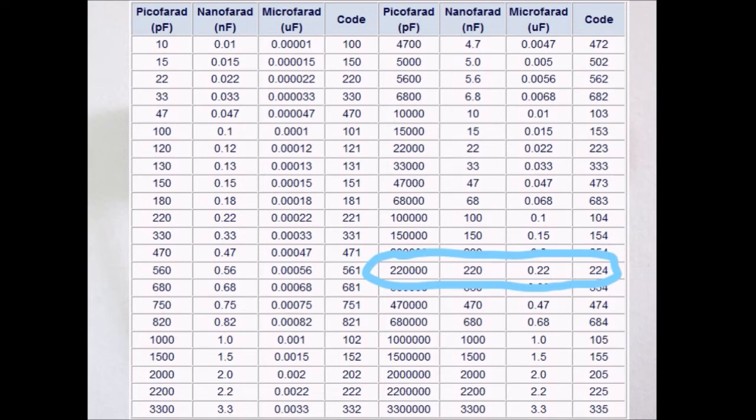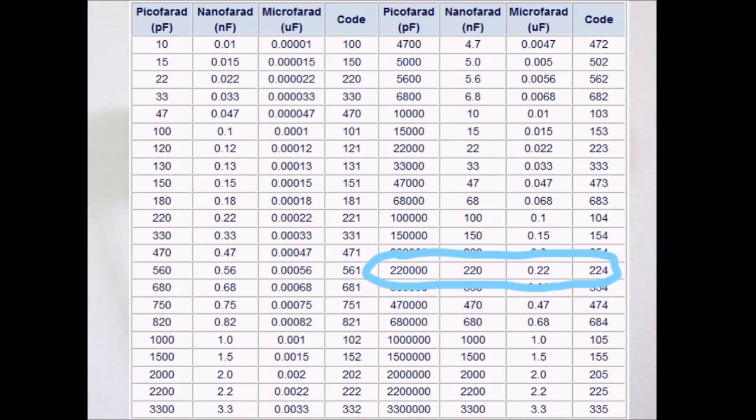So our first capacitor in the picture had the code of 224, and I've circled it here on the chart. The way I look at it, the 224 is 22 and then 4 zeros, and that is the value in picofarads.